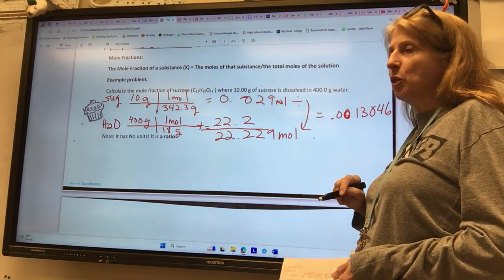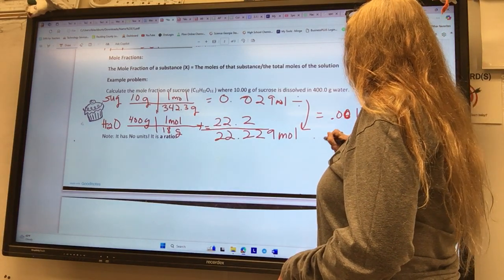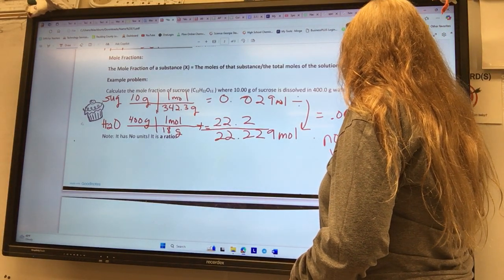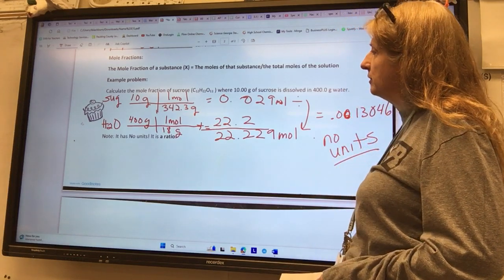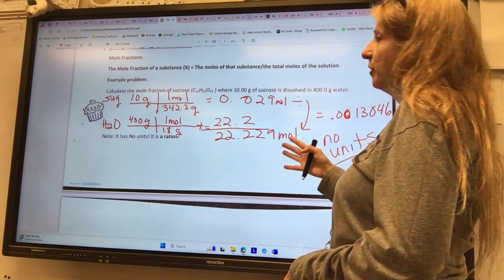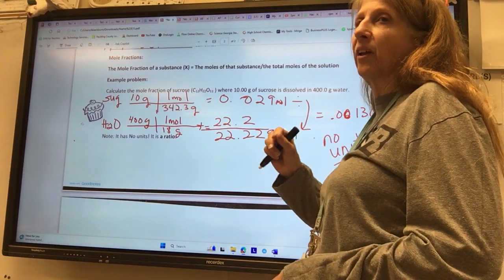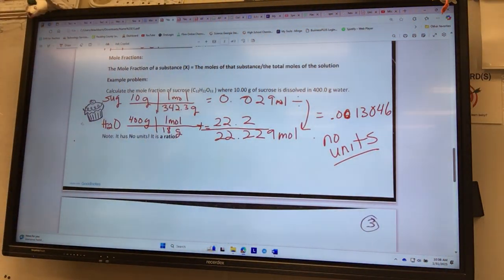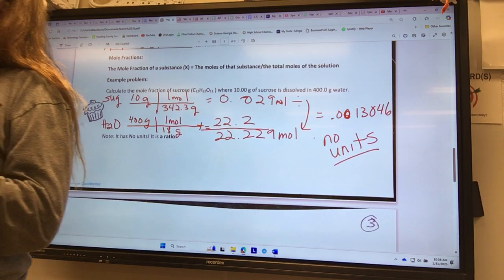You see that? Notice this has no units. It's a ratio, moles divided by moles. Moles cancel out. If you have the same thing in the numerator and denominator, you get to mark them out. All right, you learned some college chemistry.